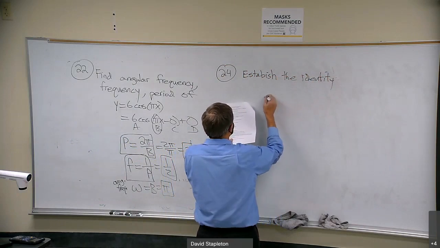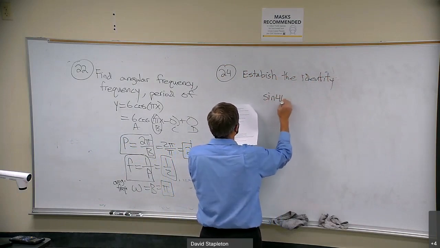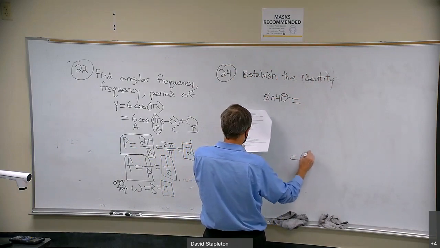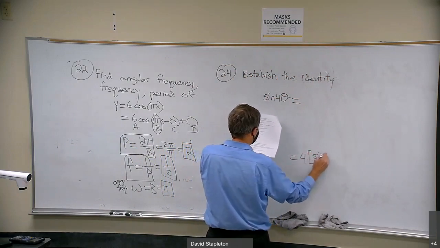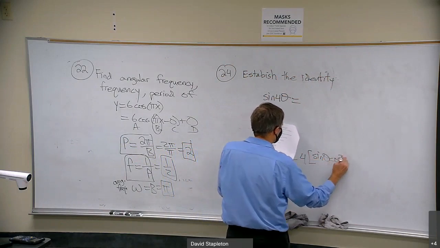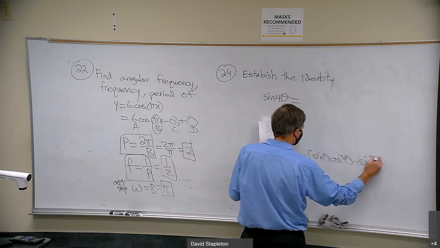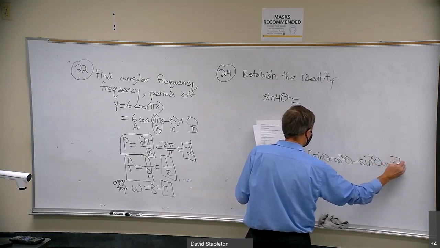In this one, you're trying to show that sine 4 theta equals 4 sine theta cosine cubed theta minus sine cubed theta cosine theta. Right?